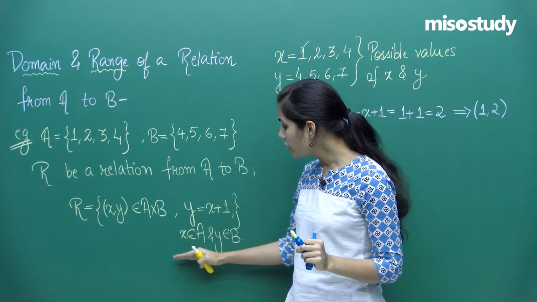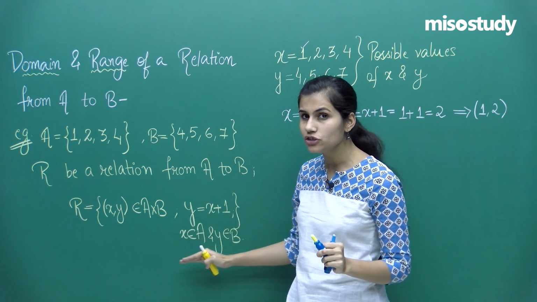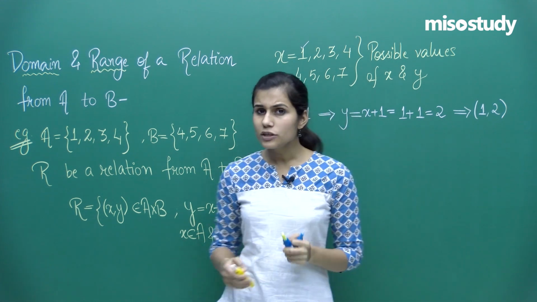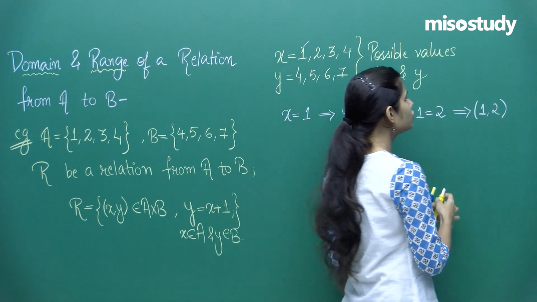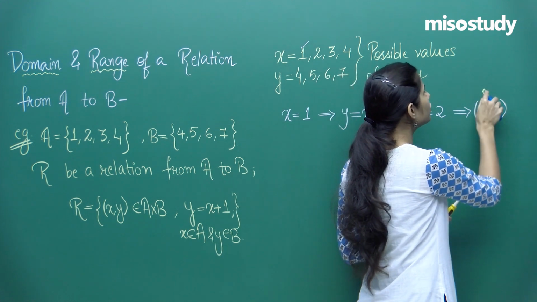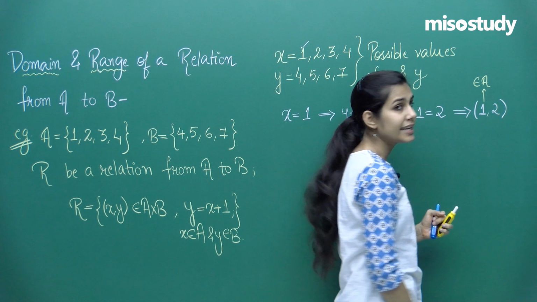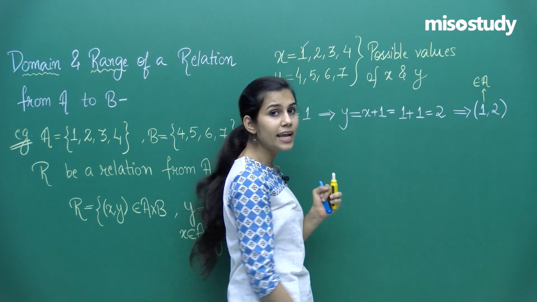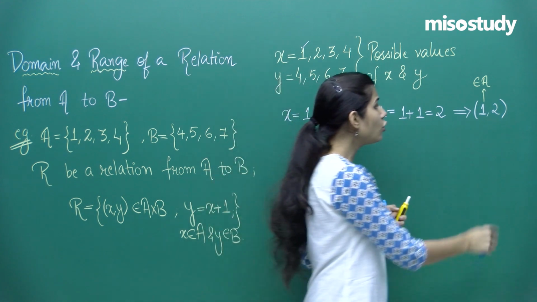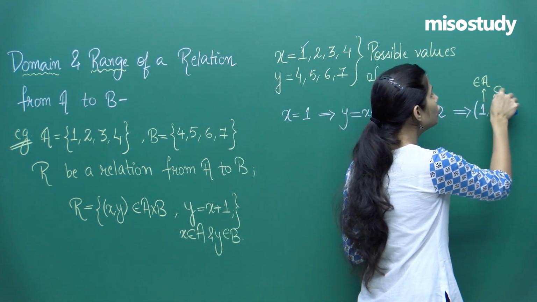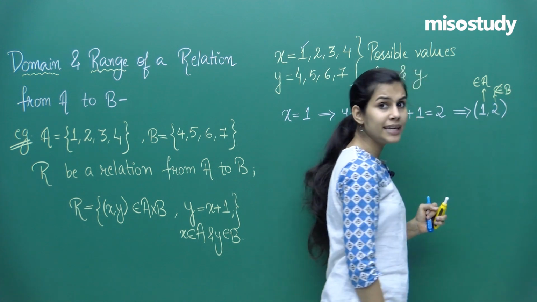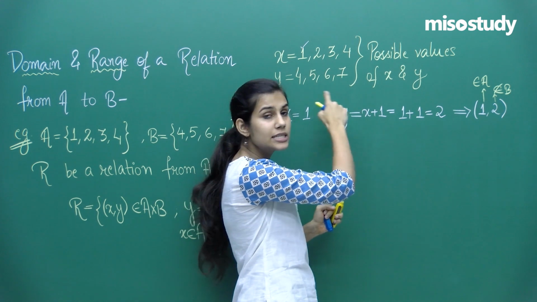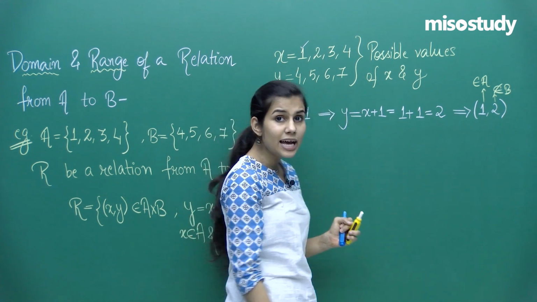But this is not satisfying the latter condition that X is coming from A and Y is coming from B. Because if you observe the ordered pair (1, 2), of course this particular 1 is coming from the set A. 1 belongs to A, and that is why X was allowed to take 1 as the value. But if you observe 2, 2 does not belong to the set B because there is no 2 inside set B. Set B has 4, 5, 6 and 7.